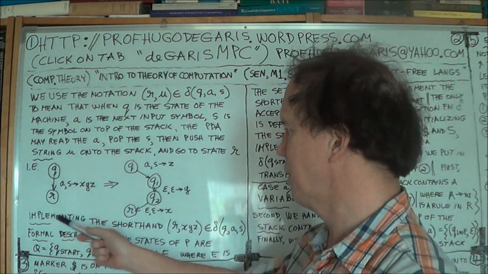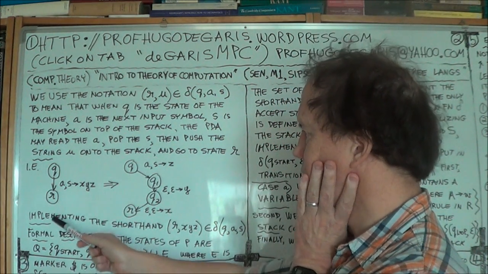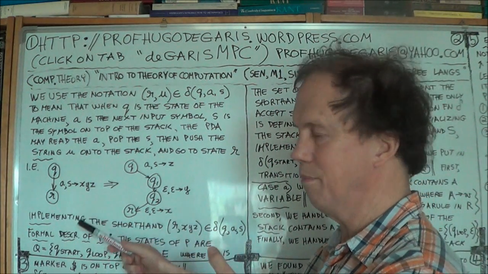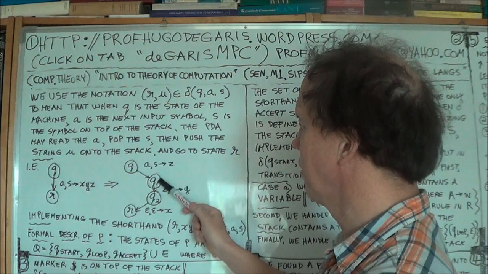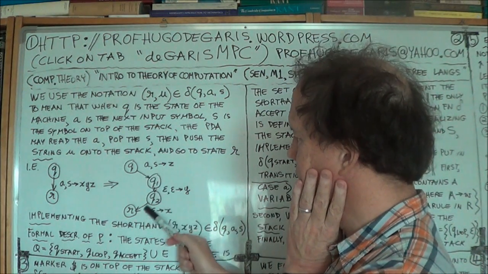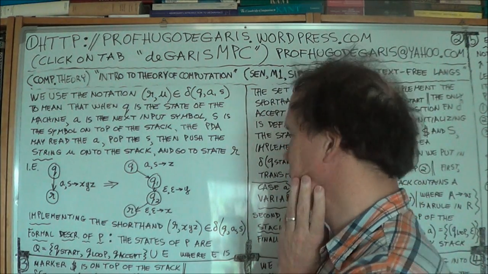So this is just the label of these two diagrams. This is shorthand, but how to actually implement it, how to build it? Well, like this, with extra states, and the number of transitions will be equal to the number of symbols in your string.